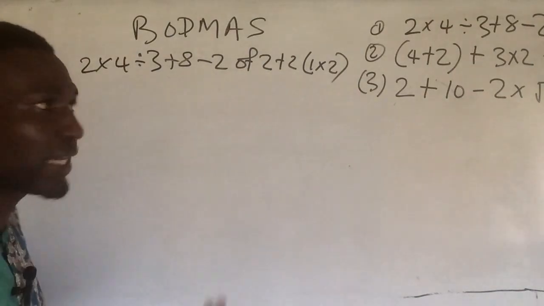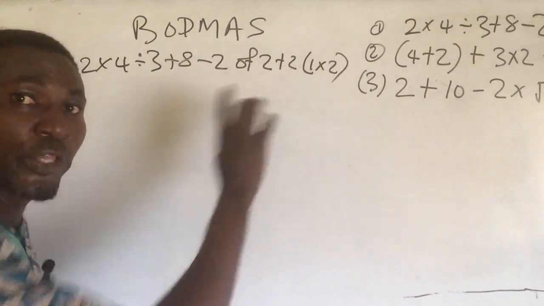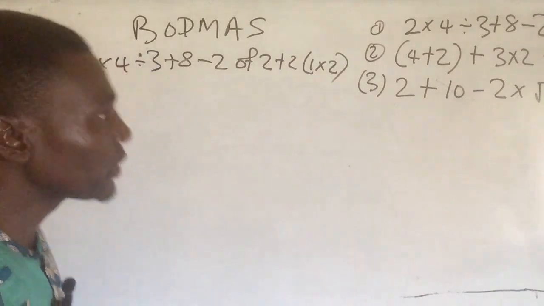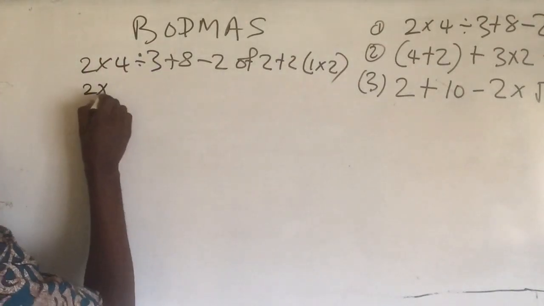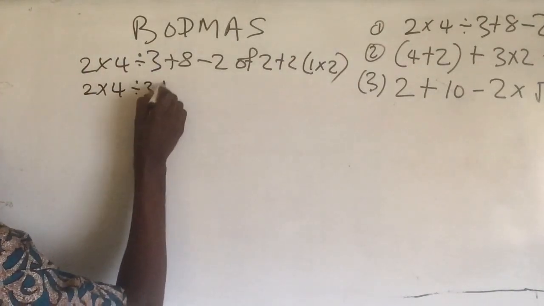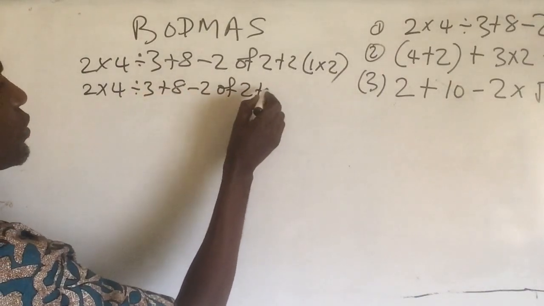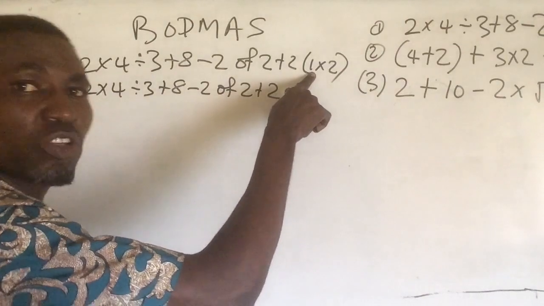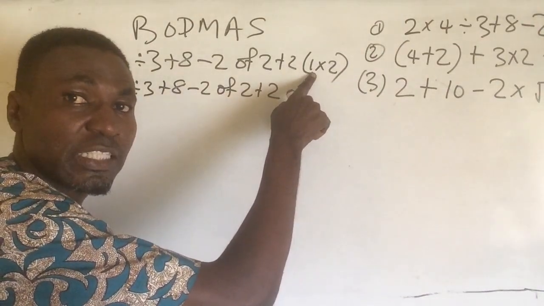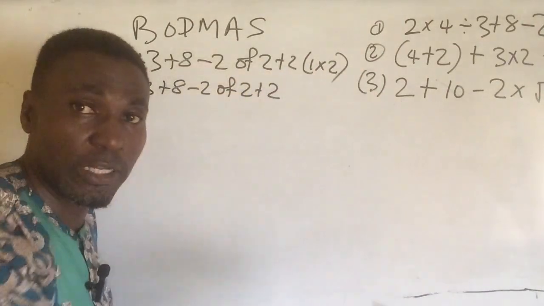Is there any bracket in this? Yes, there's a bracket. You clear it first. In order to remove this bracket, you look at what is inside. What is inside is 1 times 2.